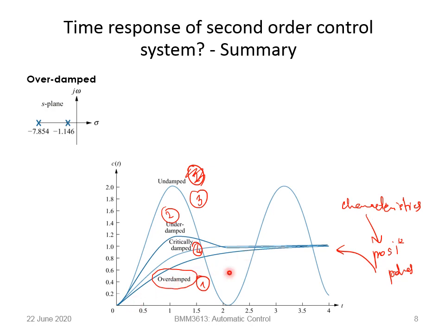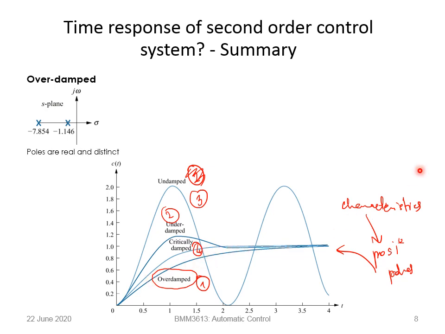The decay is very high because the sigma axis represents the decay. So it goes directly to a finite steady state value. It has no j omega components at all, but the inconvenience is that it is quite slow.